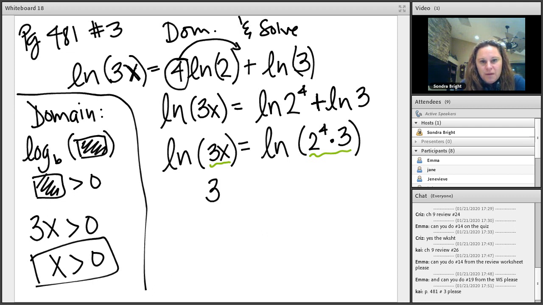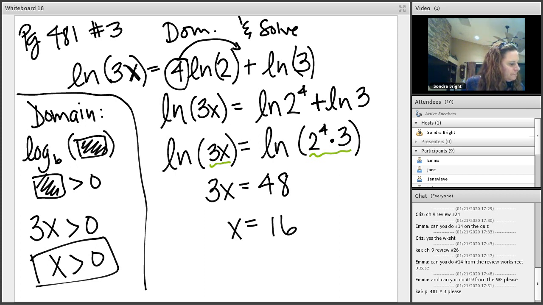And so we have 3x must be equal to 2 to the 4th times 3. 2 to the 4th is 16, times 3 would be 48, I think, hopefully. And then dividing by 3, x is 16. There's your solution. Double check that it works. Sure enough, you can take the natural log of 3 times 16. It's a good answer.